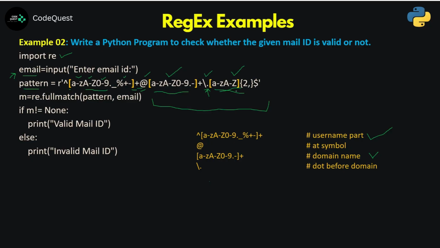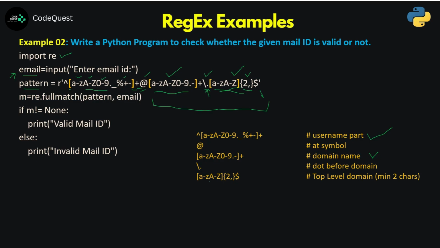Now after the dot, we are expected to write the top level domain, which can consist of minimum 2 characters or maximum 3 characters. So here we are mentioning the minimum 2 characters with this. This 2 indicates that there should be minimum 2 characters out of this area, and dollar indicates it should end with that, because my email ID should always end with 2 characters or more than 2 characters after the last dot.